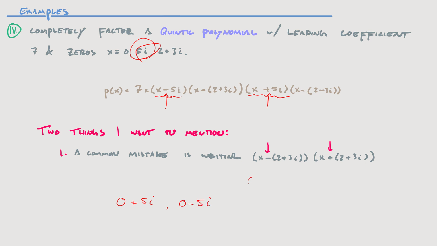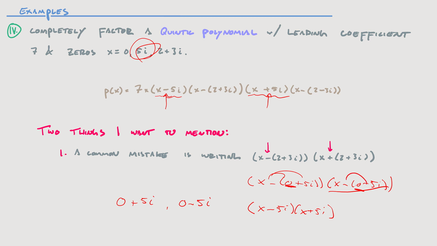So when I go to write this out as a factor, you'll have x minus (0 plus 5i), and then the other one would be x minus (0 minus 5i). But the 0 here is not doing anything. So I just applied the negative to this 5i, and that gave me x minus 5i and x plus 5i, because the negative times a negative would be a positive.